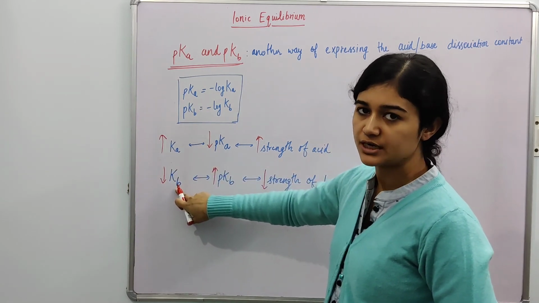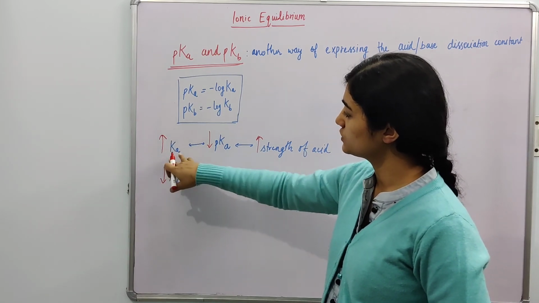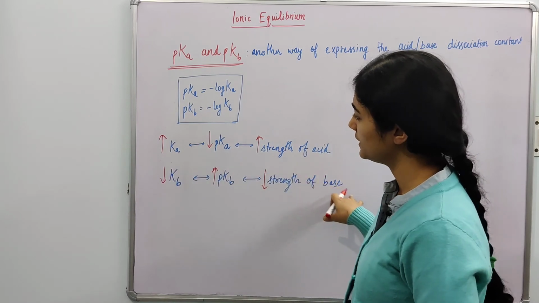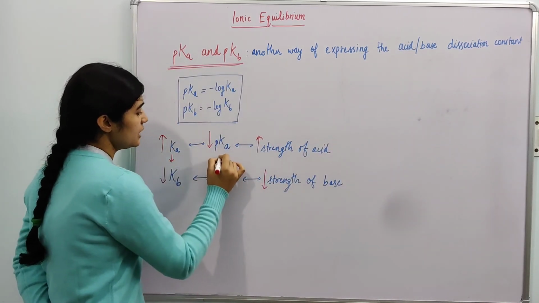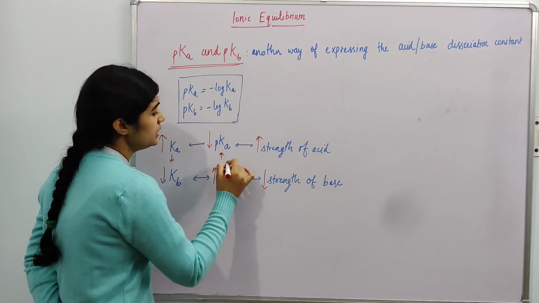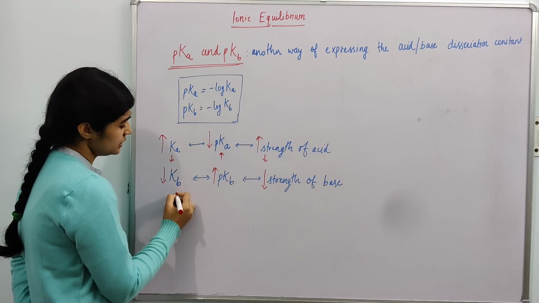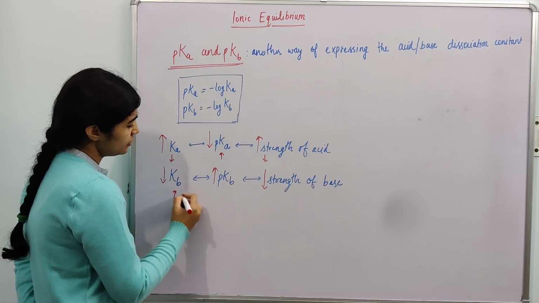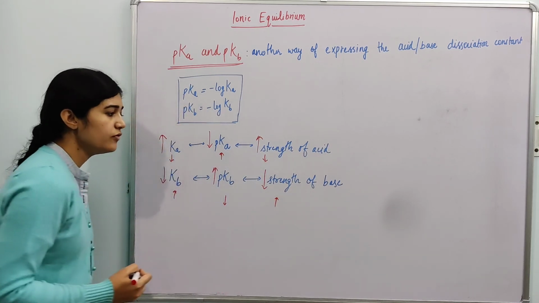Just for your understanding, if you have a smaller value in the case of Ka, then a similar relation will exist here also. If you have a smaller value of Ka, higher will be the value of pKa and lower will be the strength of acid. And similarly, if you consider Kb, higher the value of Kb, lower will be pKb, and higher will be the strength of base.